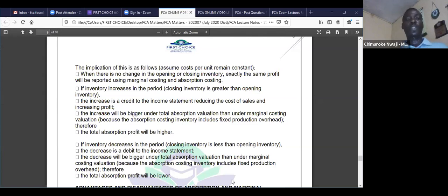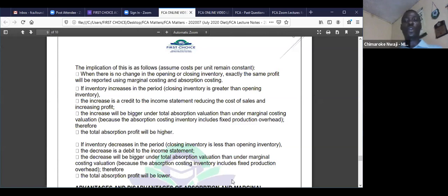And if your opening stock is high, your cost of goods will be high, your gross profit will be low, and so your profit will be low. So if your opening stock is low, your profit will be high because your cost of goods will be low. When you less it from the sales, you will get a higher profit.